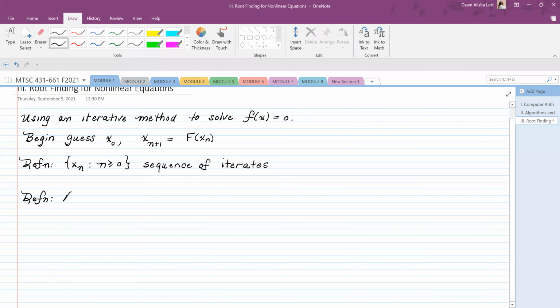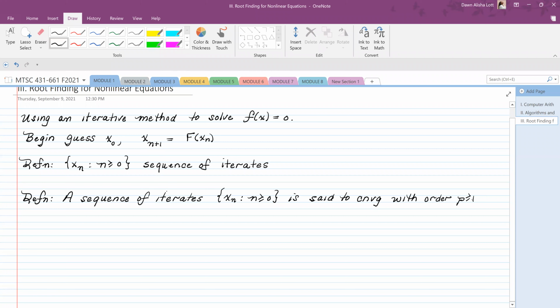All right, so here's another definition. A sequence of iterates xn, where n is greater than or equal to 0, is said to converge with order p greater than or equal to 1 if the following thing takes place.